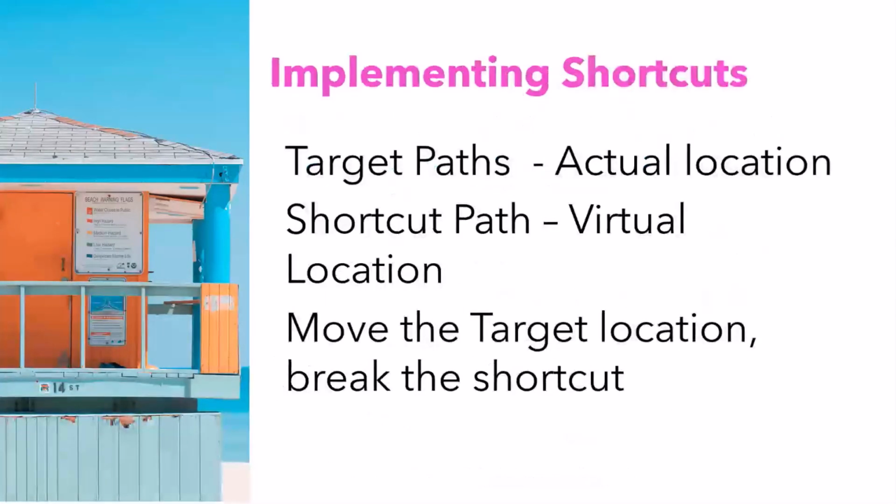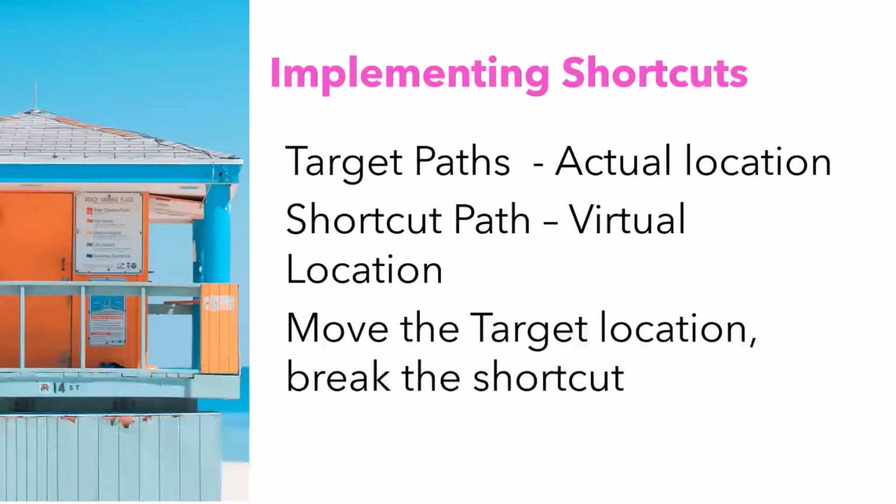So how do you implement a shortcut? What do you have to do? You've got a couple of different paths. And if you ask me, I think this is backwards, but this is the nomenclature that works. The target path is the actual location where your data is stored. So if you have it in a data lake in Australia, that's your target path. Your shortcut path is where you want it to be.